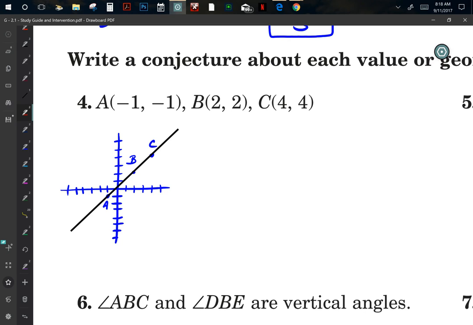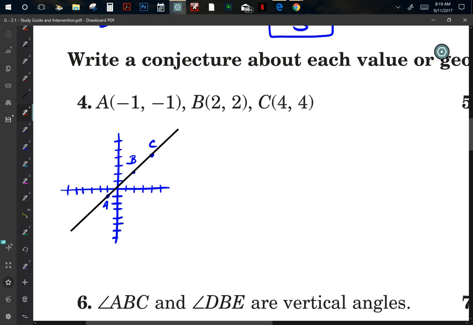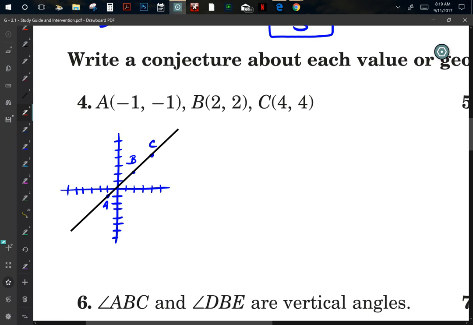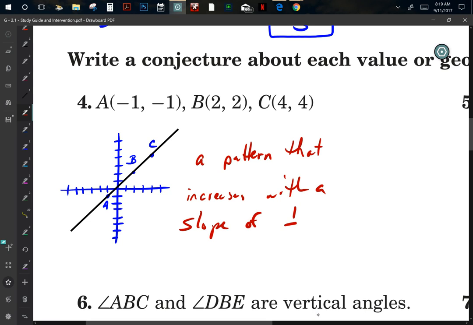What's your slope? So you could describe this as a pattern that increases with a slope of 1/1.